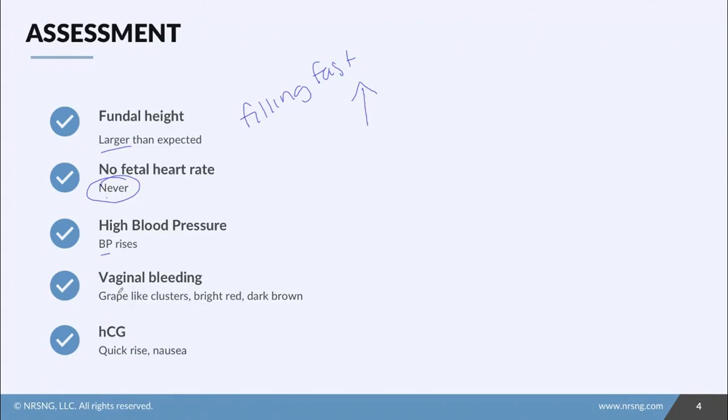There's vaginal bleeding. Now, remember, it is going to be grape-like clusters. It's going to be bright red to dark brown clustered bleeding coming out of the vagina. And then HCG. So she still can have that positive pregnancy test. She still has HCG, and she actually has a quick rise in HCG. So it's rising quickly, and that's going to create nausea for the patient because of all the extra hormones.